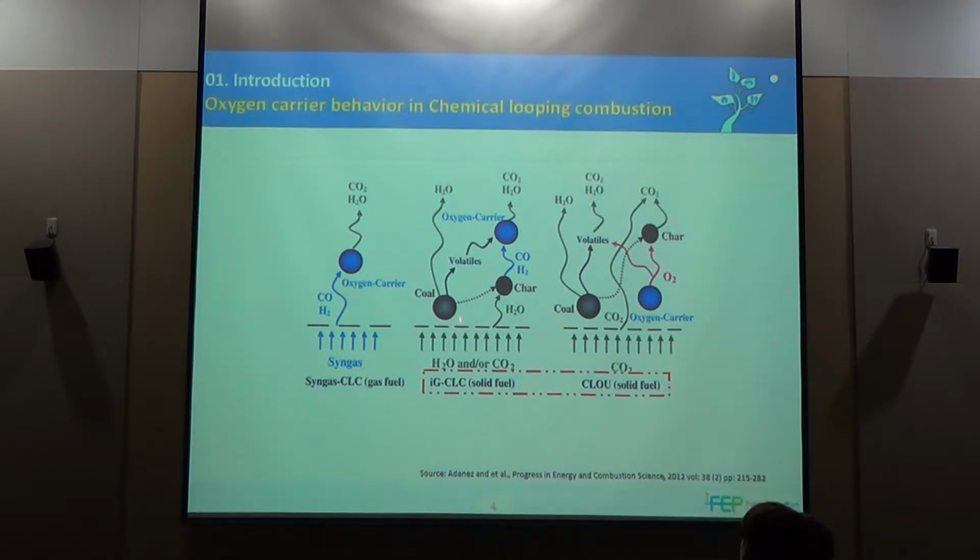First, coal will release volatile and char, and then oxygen carrier will react with volatile and some syngas from char. Another behavior is that oxygen carrier has an ability to release oxygen first, and then coal will release volatile and also char, and then oxygen from oxygen carrier will react with char and volatile.